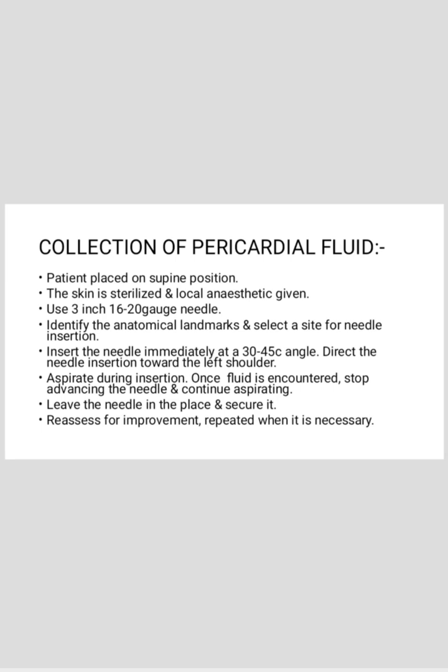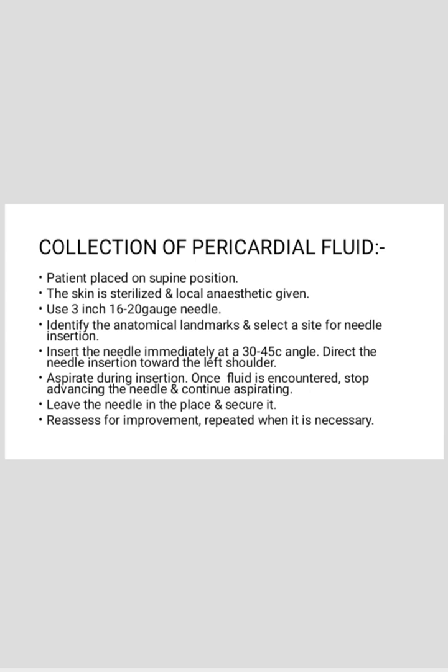First of all, the patient is placed in a supine position. The skin is sterilized, with the help of local anesthesia. Use a 3 inch, 16 to 20 gauge needle. Identify the anatomical landmark and select a site for needle insertion. Insert the needle at an angle of 30 to 45 degrees.